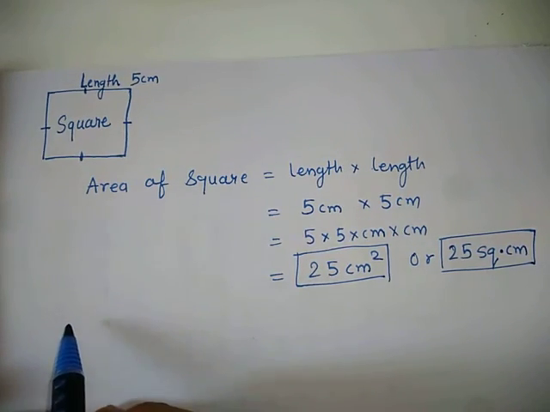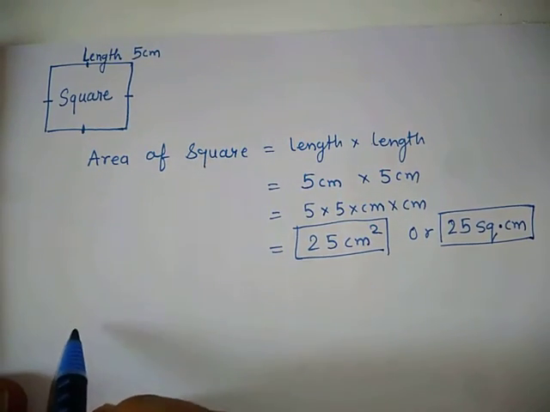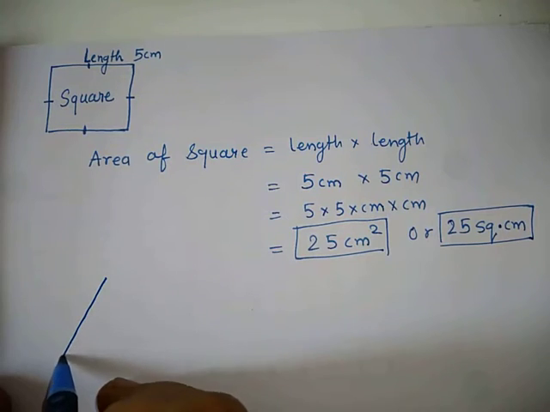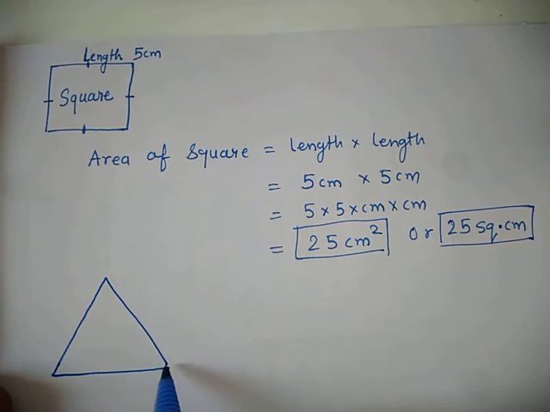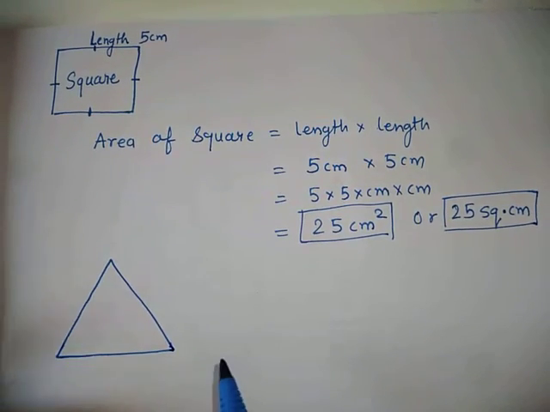In the same way we can go for the triangular shape also. As you know, a triangular shape means a closed figure formed by 3 line segments.